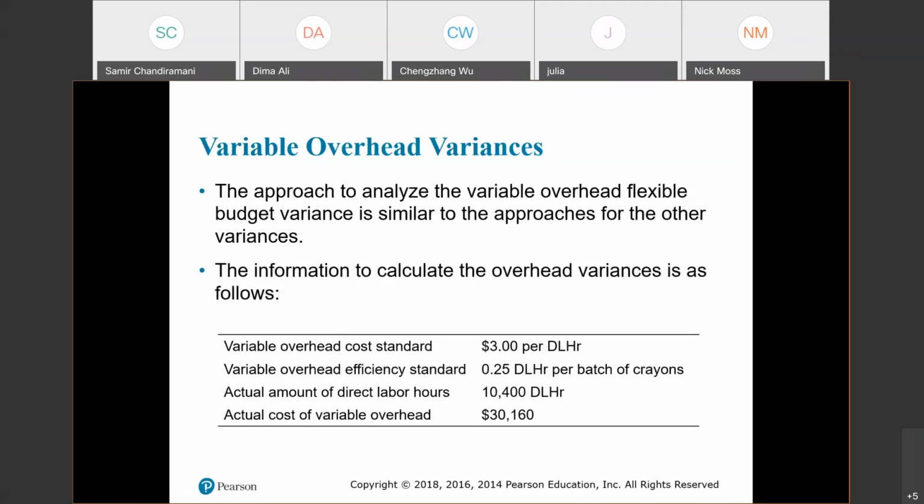The static budget that was presented in the last class indicated the expected production would be 50,000 batches of crayons. At that level of production and using the direct labor efficiency standard of 0.25 direct labor hours per batch, the company expected to incur 12,500 direct labor hours.